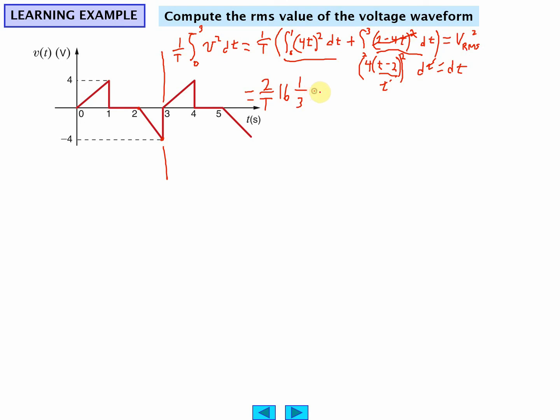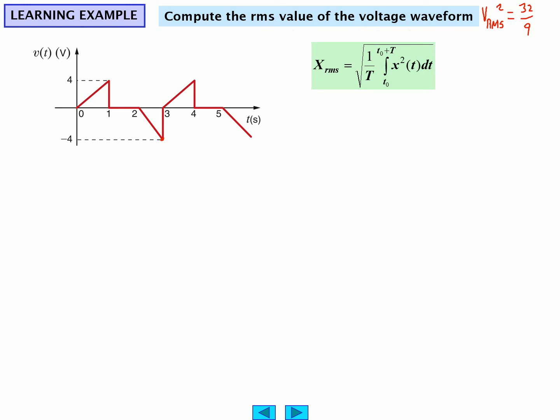So it's 32 thirds, over 3, so it's 32 over 9, equals V RMS squared. Okay, just remember that. I'll put it up here, and I'll pause for just a second and do some erasing.